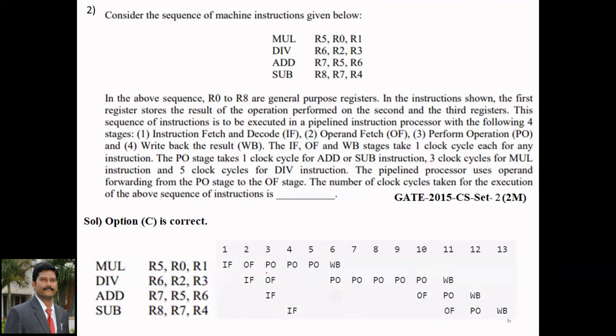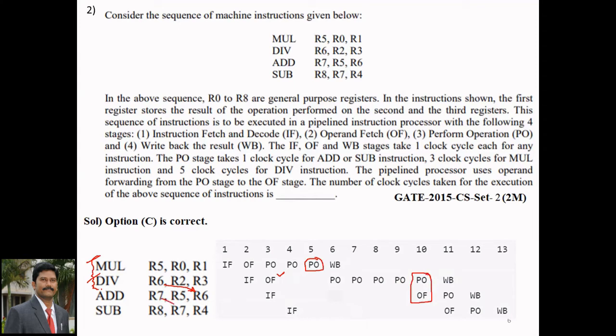One more thing here, there is a PO to OF. Okay, that means if you see the first two instructions, there is no need to wait up to the last stage of PO. OF can start directly here because these two are not dependent. The hardware will check whether there is a dependency, because see here there is a dependency, that's why it has to wait up to PO to OF.